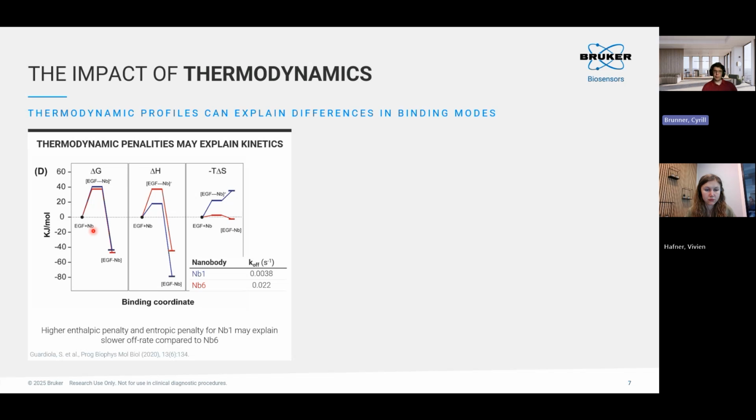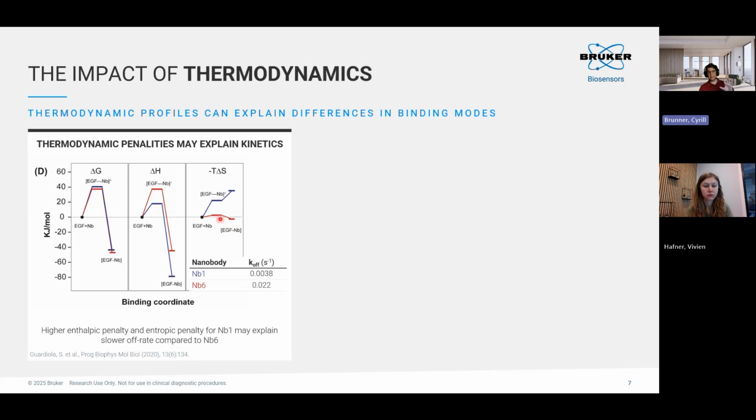compounds, to proteins, to nanobodies, as in this case, with each other, you start to see differences. So for instance, in that case, you see that the enthalpic element in the transition state is smaller in order to get to the transition state for nanobody 1, but getting back from the complete complex to the transition state, this is massively higher than for the red one.